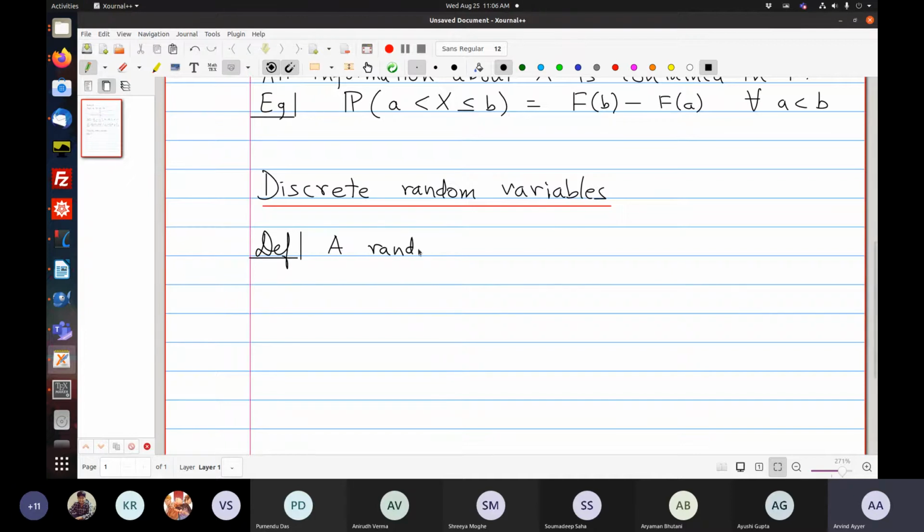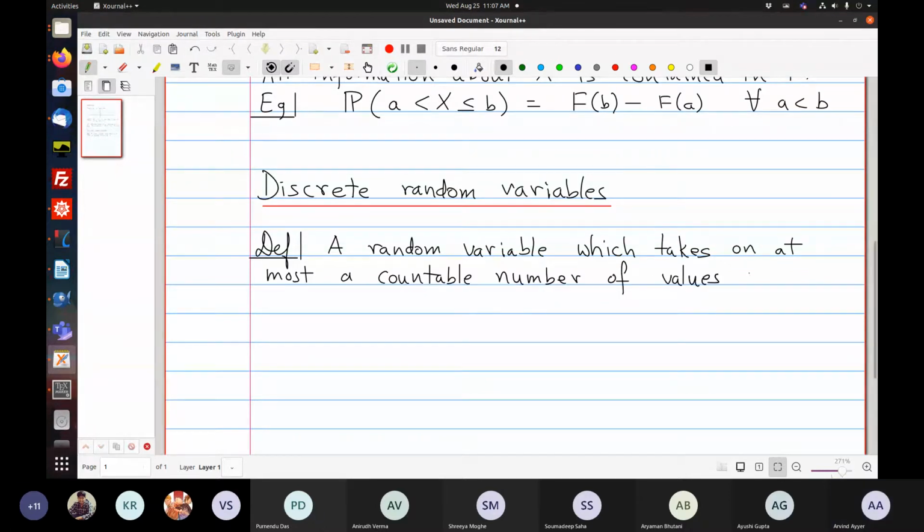A random variable which takes on at most a countable number of values is called a discrete random variable.